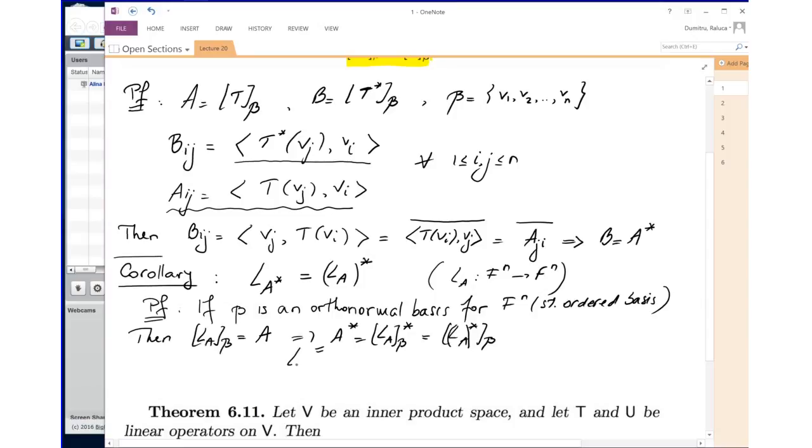But A star, because of the same reason as here, will also be the matrix of the left multiplication by A star. So here it is. When you have two operators that have the same matrix in a basis beta, that means they have the same coefficients. It means that they coincide on the basis, so they are equal.